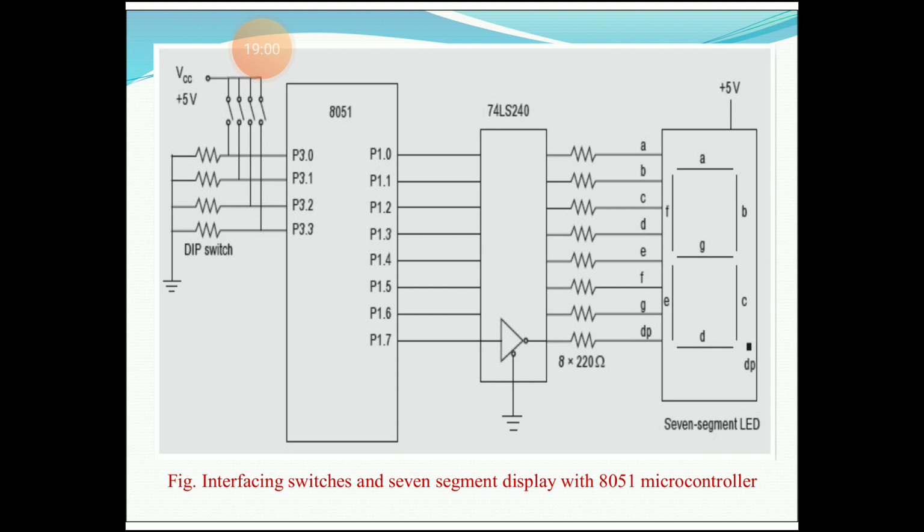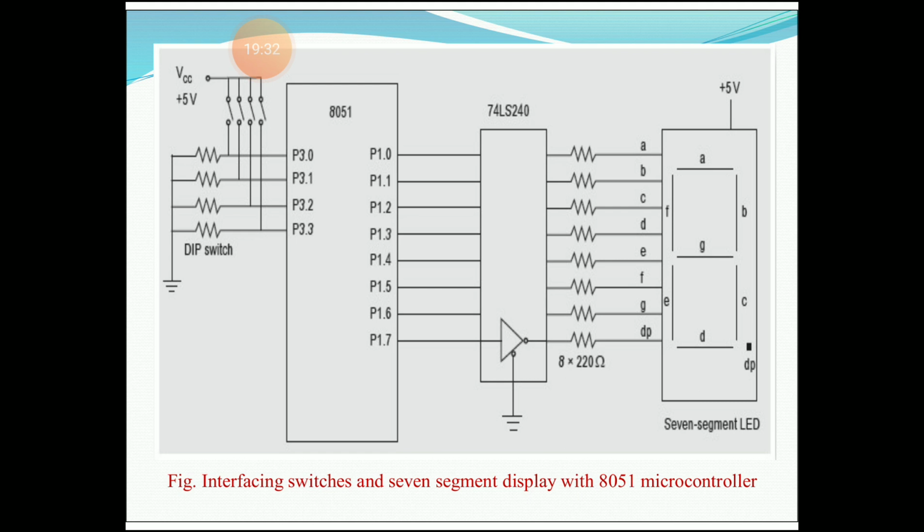So this is the interfacing diagram for switches and 7 segment display connected with the 8051 microcontroller. Here 4 switches are connected to port 3 lines P3.0 to P3.3, and 8 segment lines are connected with port 1 through 74LS240.